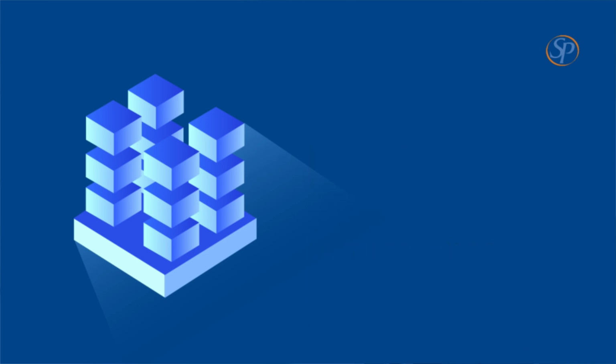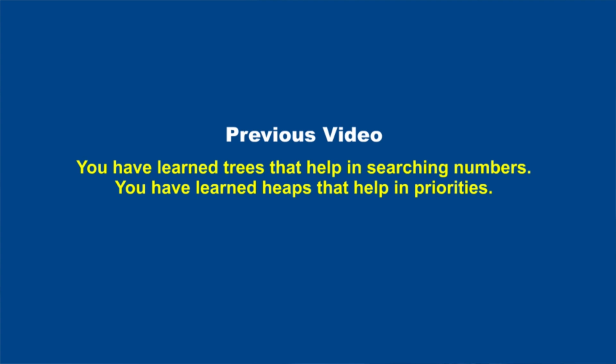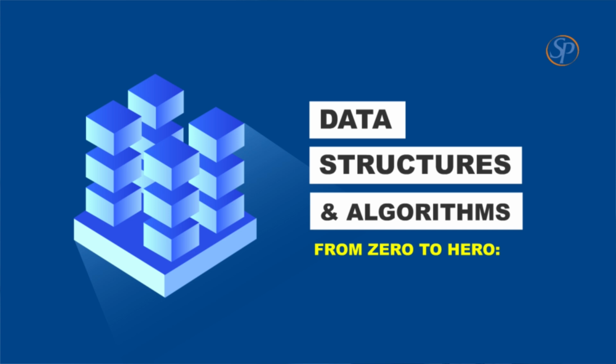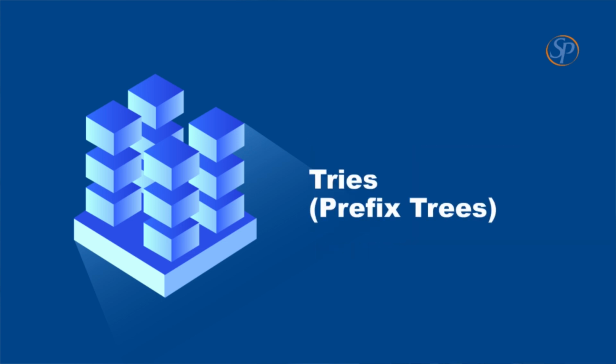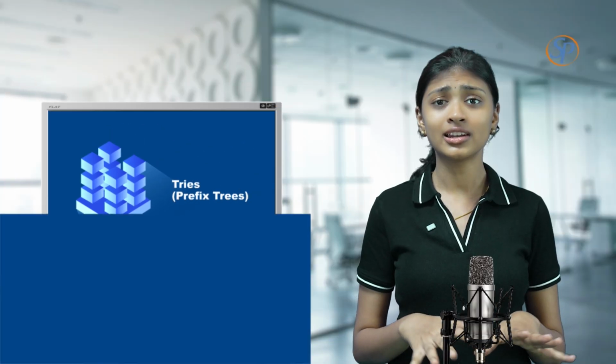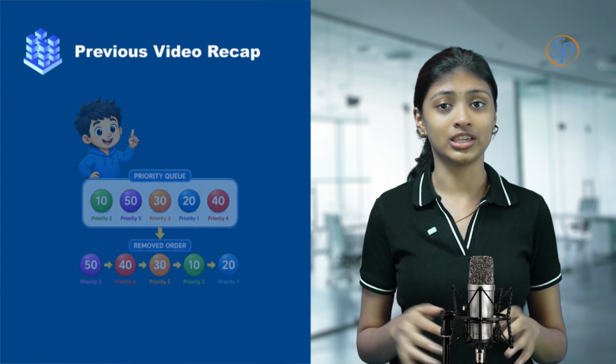So far, you have learned trees that help in searching numbers. You have learned heaps that help in priorities. But today, we are going to deal with words, not numbers, not priorities: strings, prefixes, autocomplete. Till now, you learned heaps and priority queues.